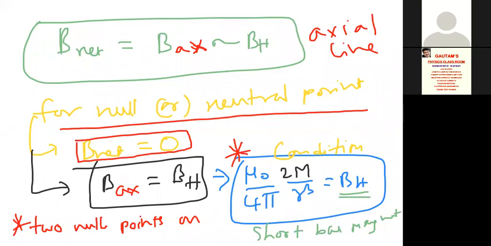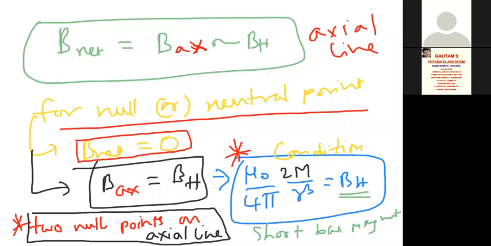On which line are we getting them? We are getting two null points on the axial line. So what we noticed is we are getting two null points on the axial line. This is one condition. Another condition is, for this null point, mu naught by 4 pi times 2m by r cube is equal to BH.